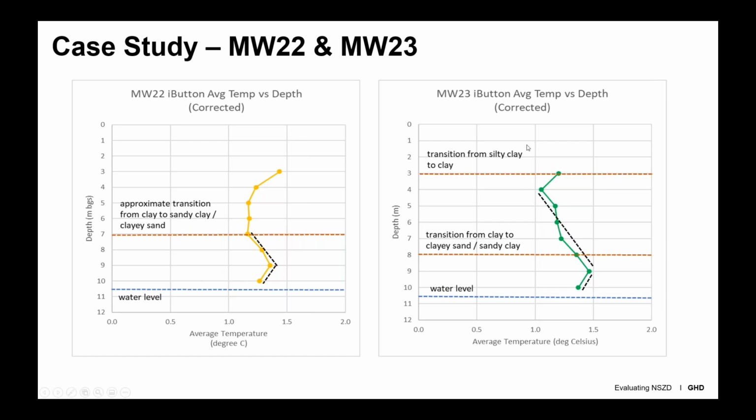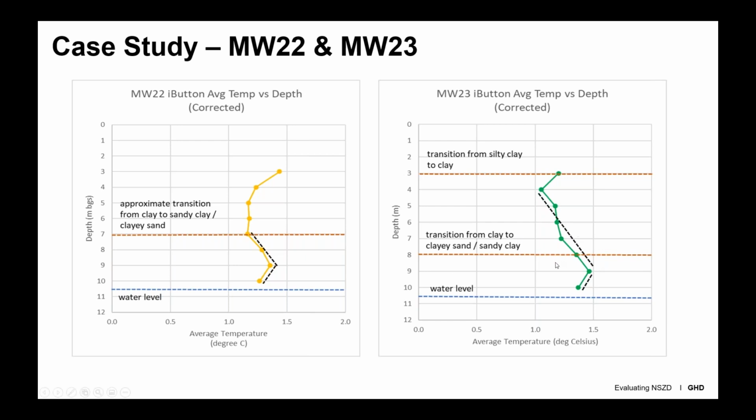MW23, we are going from a silty clay into clay and back to a sandier soil. So the question is, do you use this whole line to determine your NSED rates, or do you just start at that transition?